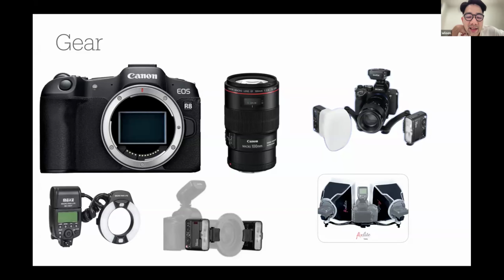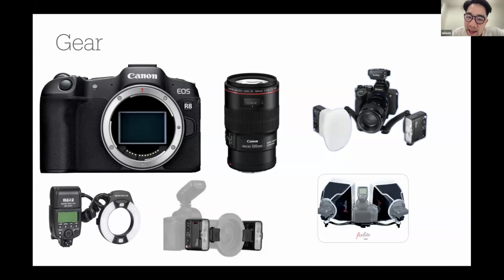So these are the gears that I am using. You don't have to use this, but I'm using a Canon R8, which is a mirrorless. I just got this R8, and it's not because I want something fancy. I wanted a DSLR, but the guy told me that maybe in 5 or 10 years' time, they will phase out DSLR and there will only be mirrorless in the market.